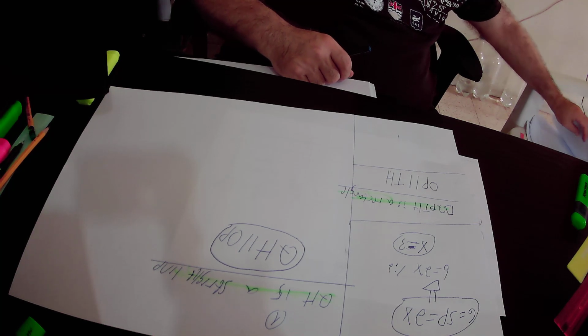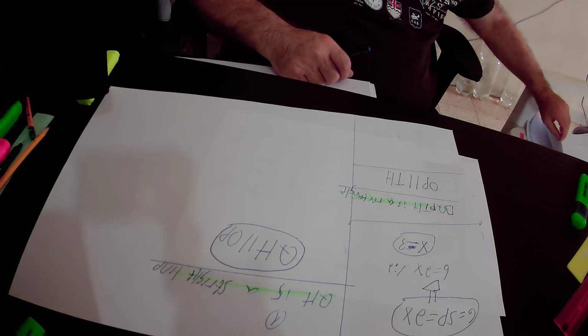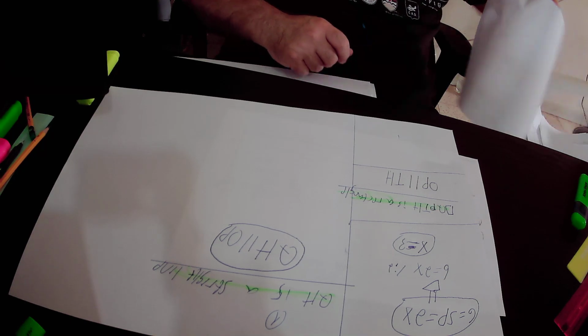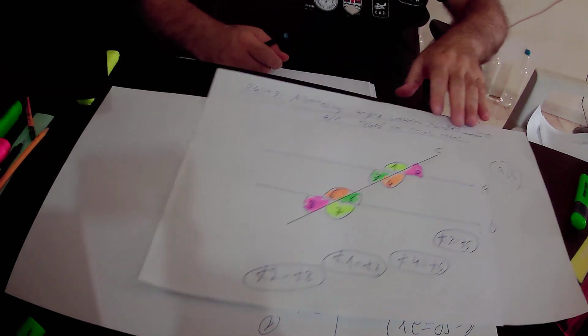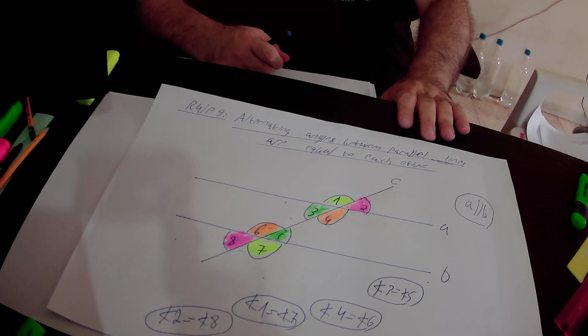According to rule number 9, alternating angles between parallel lines are equal to each other.